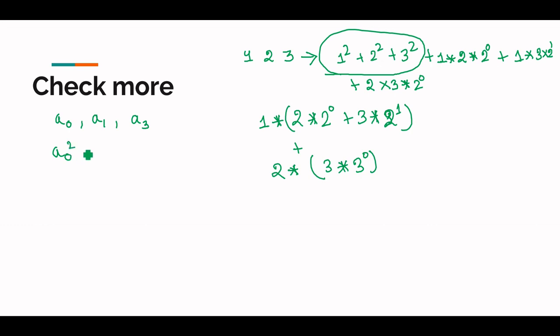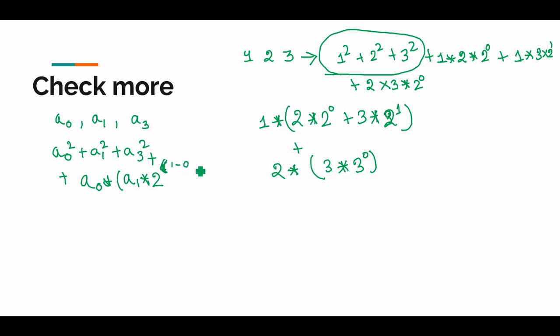So our answer will be, plus, I'm writing here, a0 cross a1, 2 to the power 0, because there is no number in between them. So it's like, as I mentioned, j minus i minus 1.